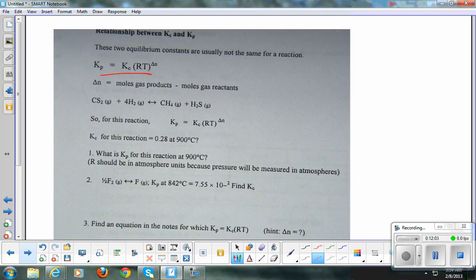Yes, the gas law R, good, 0.0821, times the temperature, raised to the change in moles from the reactant to the product. So if on the reactant side this would be 5 moles and this would be 2 moles, the difference would be 3. You see how that works? That's how I get delta n. Just look at the coefficients. So here I got 5, here I got 2, the difference from one side to the other gives me delta n. So I just throw it in and I can go back and forth between Kp and Kc. And that equation is on there.